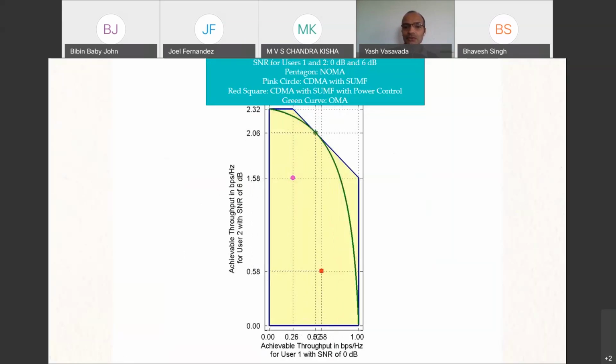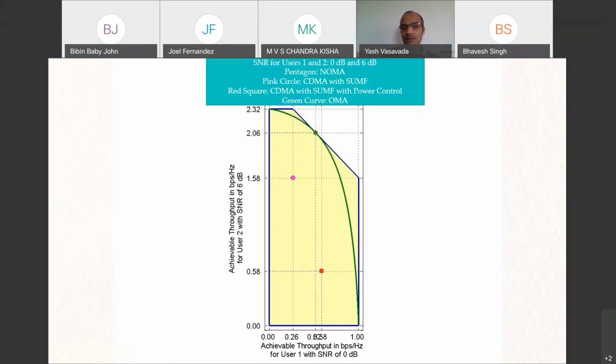The point that I wish to make here is that now there is a difference in the CDMA whether you do power control or you don't do power control. Remember, in the conventional CDMA, power control is considered necessary to avoid the near-far effect.